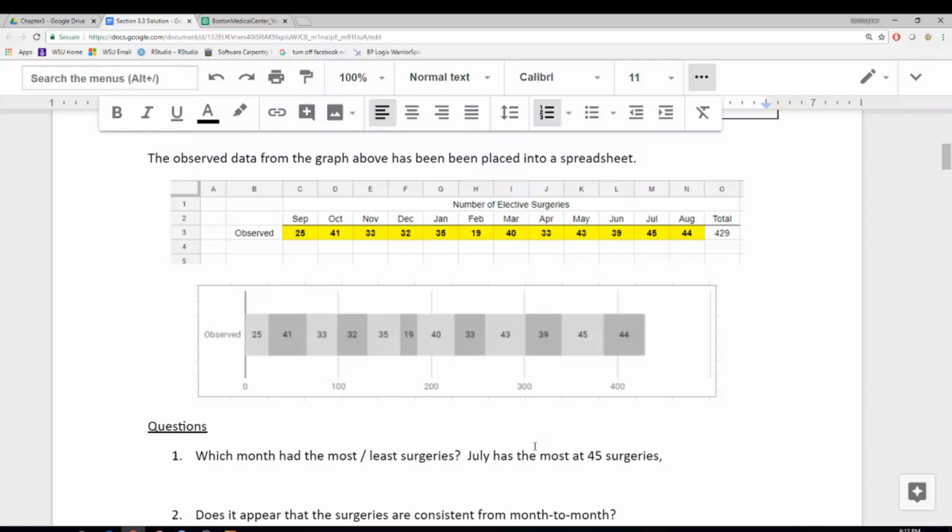How about the least? Which month had the least surgeries? I think that was February. So February here, it was only at 19. So February had only 19 surgeries.